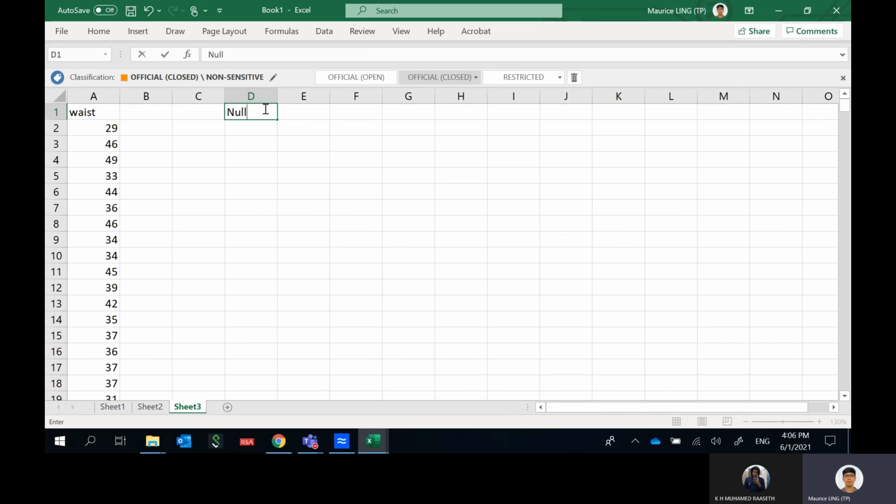So your null hypothesis here is that the mean waistline is equal to 40 inches. The alternate hypothesis is what? Read the question. It's below, so it's below. Yep. So it's actually a one-tail test.